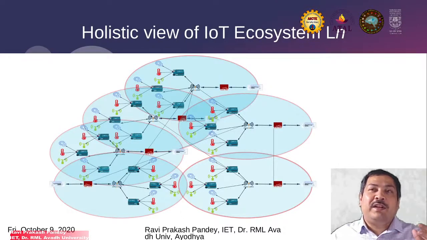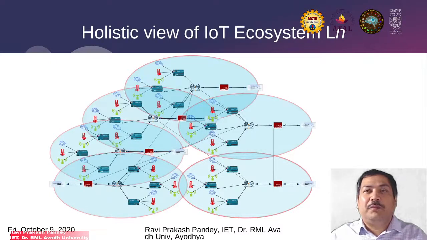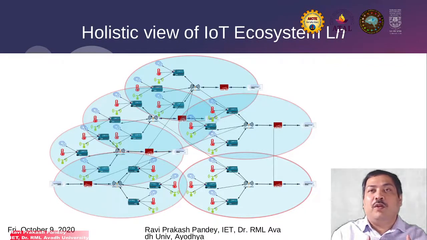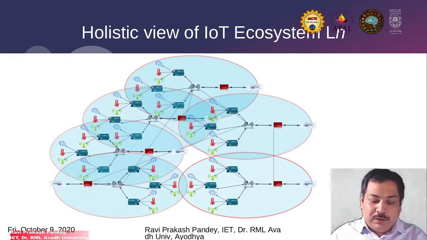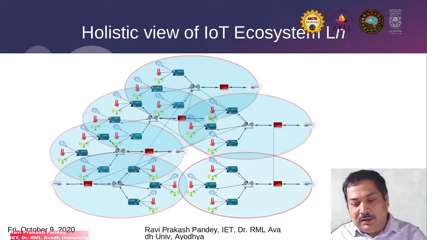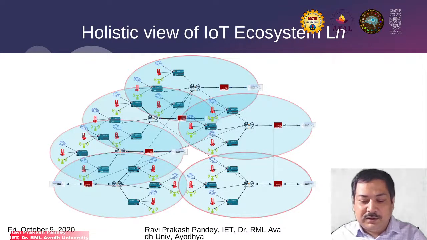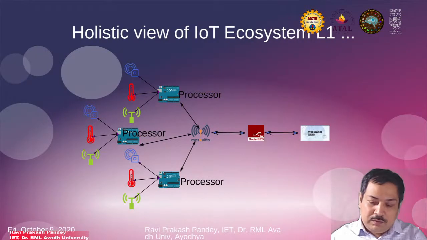So when several such systems are attached together, they make this big picture, which, depending upon whether it's located more towards the user or more towards the internet, becomes fog or cloud. So that is a holistic view of this system. Till now we were restricted to this region only. All our sessions were restricted to this.